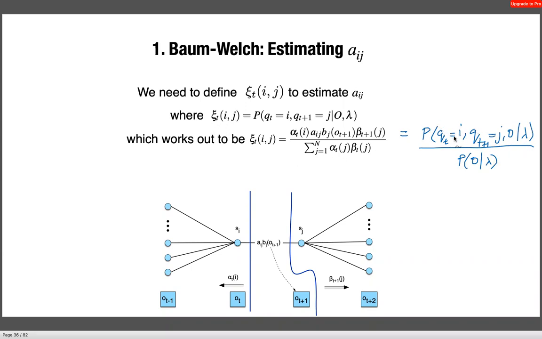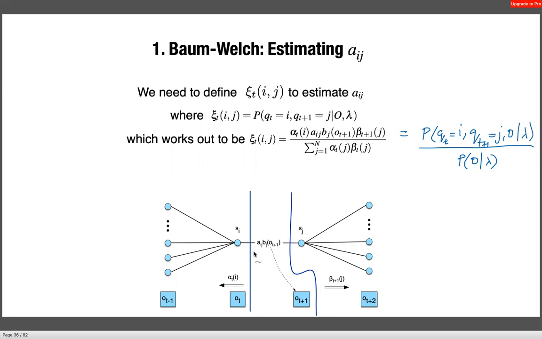The numerator term, this joint over q_t being i, q_t plus 1 being j, and having observed the entire observation sequence, is nothing but the product of four terms: the forward probability at state i at time t, times the backward probability at state j at time step t plus 1.